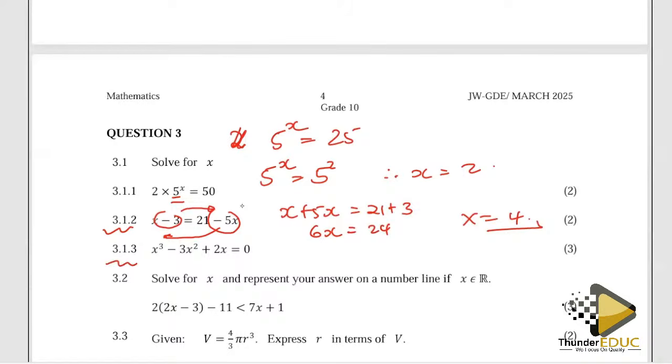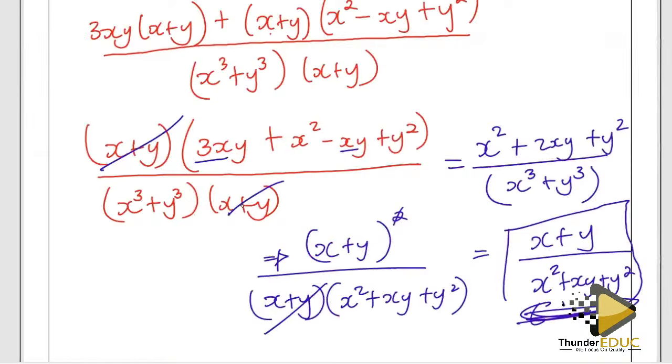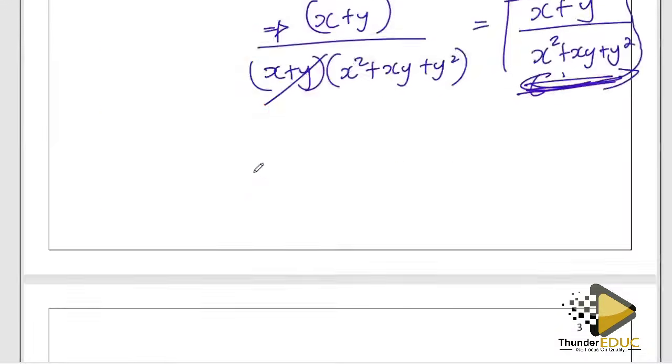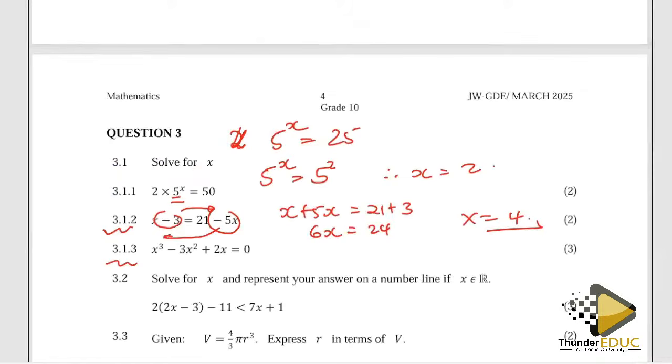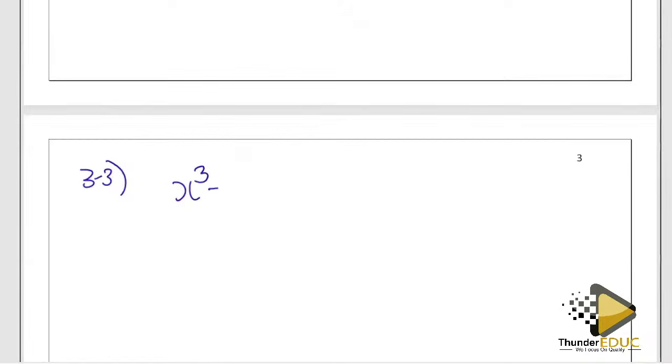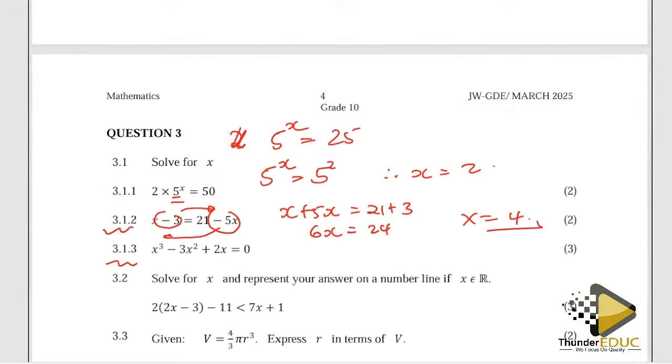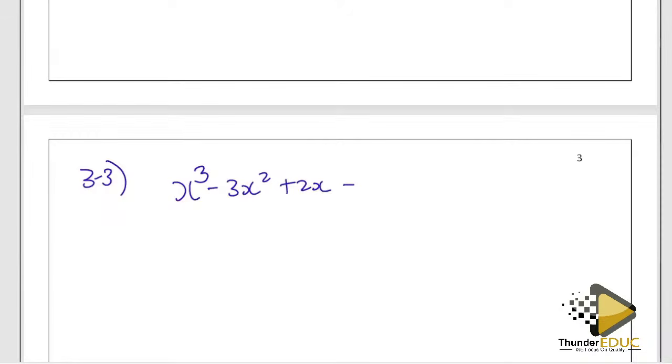3.1.3, we have x cubed. Let me just put it aside. Okay, this is 3.3. It's x cubed, then we have minus 3x squared, and then now we have a plus 2x is equal to 0. Now, this is more like a quadratic, but it's not a quadratic.